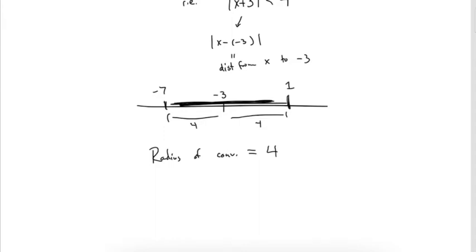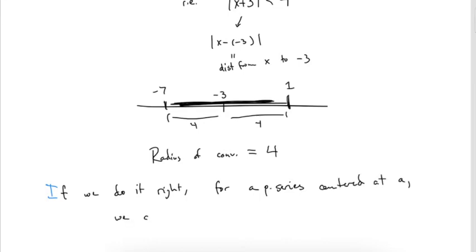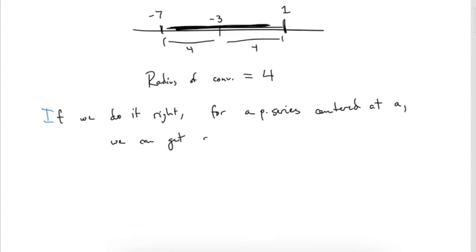If we do it right, for a power series centered at a, we can get L equals some number, let's say k, times absolute value x minus a.